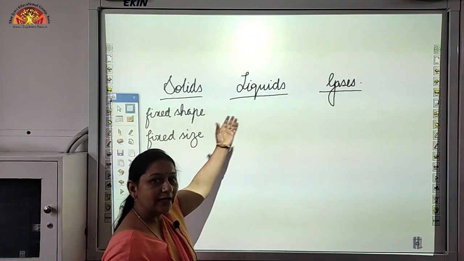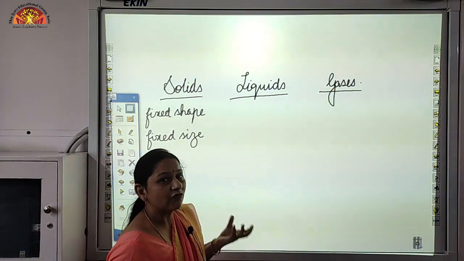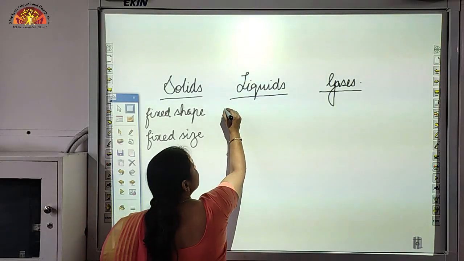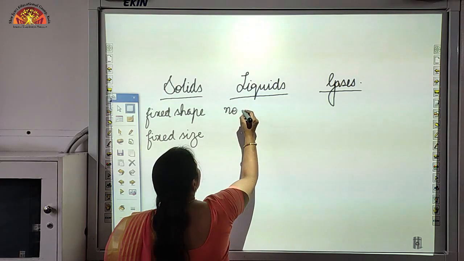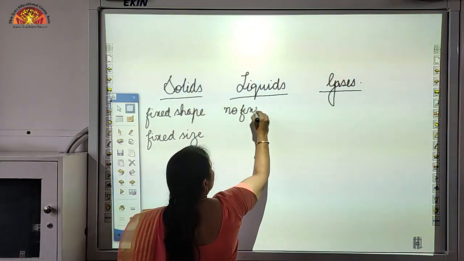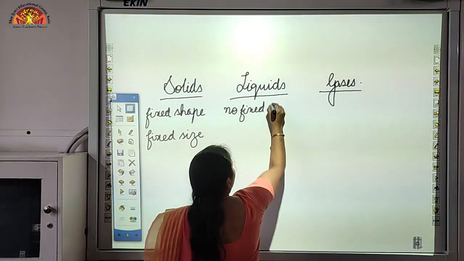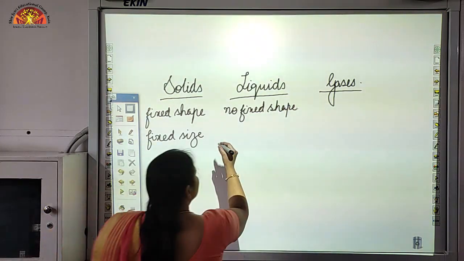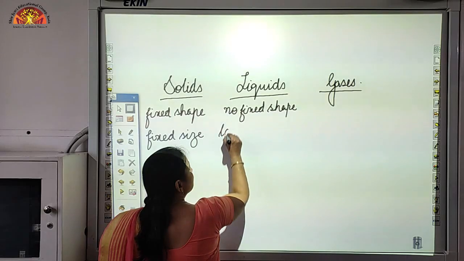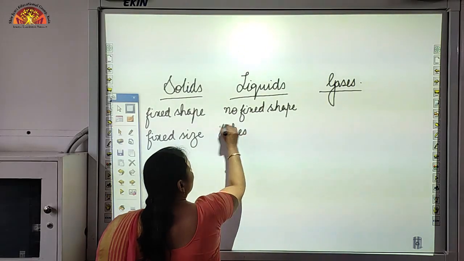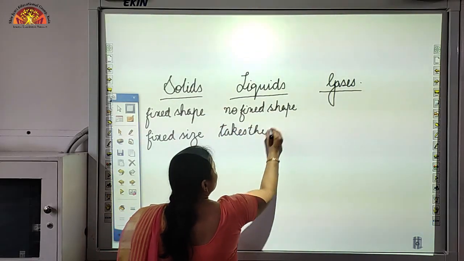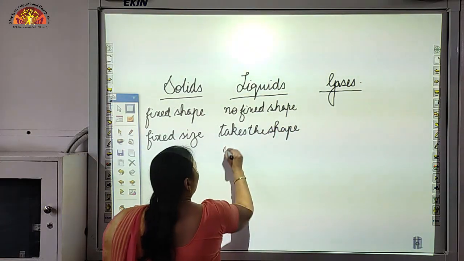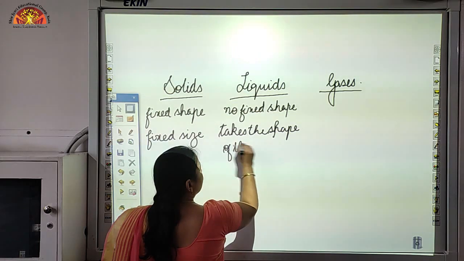And what about liquids? Like your glass of water, it does not have a fixed shape. So, no fixed shape, and it takes the shape of the container.